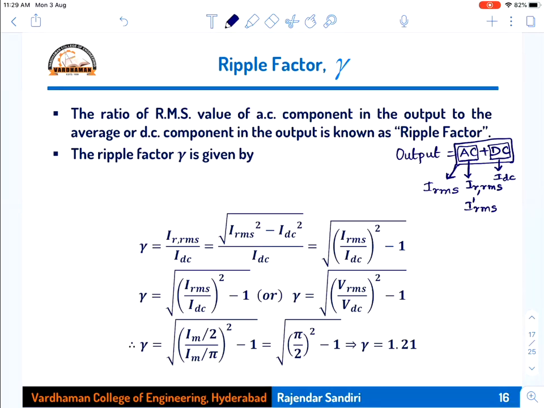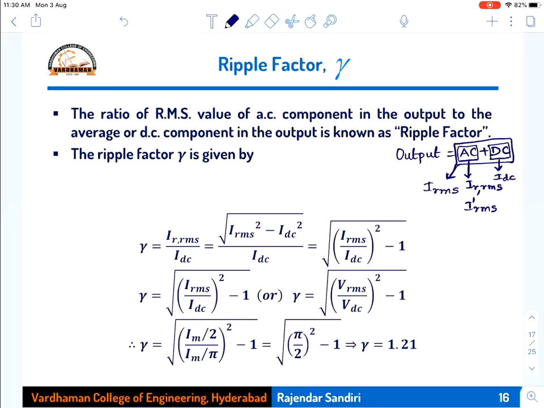So the output is a combination of AC plus DC. For the entire combination, the RMS value is denoted as IRMS. In that entire combination, if you take only AC, its RMS value is denoted as I dash RMS or IRRMS. So there is a lot of difference between I dash RMS and IRMS. IRMS is the RMS value of the entire output, which is the combination of AC plus DC. But I dash RMS is just the RMS value of the AC only out of the entire AC plus DC.